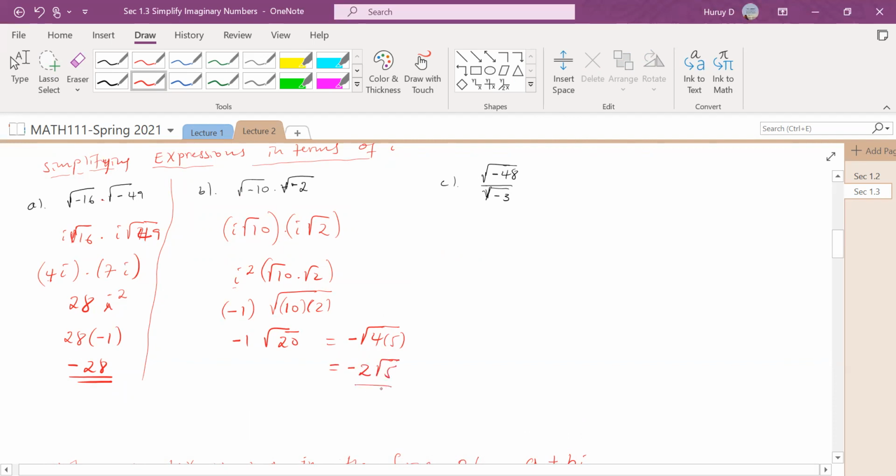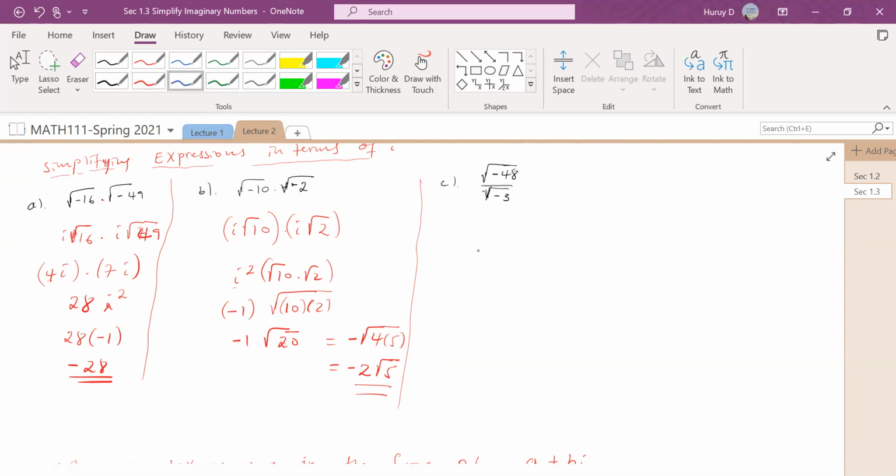This is the simplest form that we can get, so always try to simplify your answer. Still, this one and this one are the same, but this is the simplified form. Instead of saying negative square root of 20, it's better to say negative 2 square root of 5.